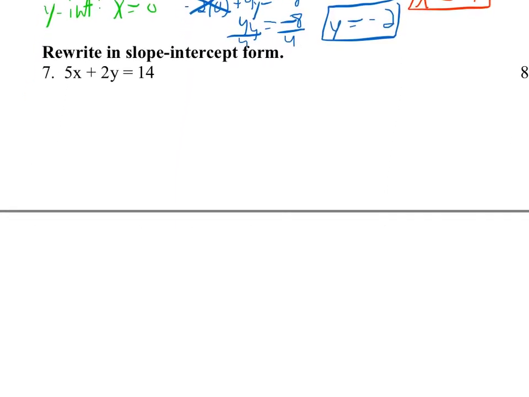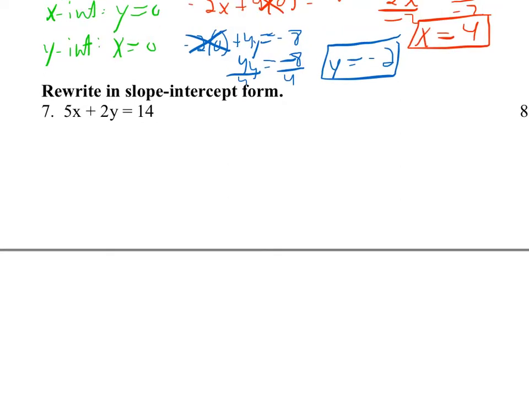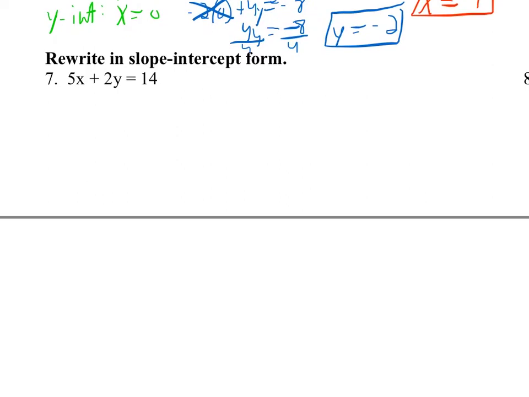Rewrite in slope-intercept form. Slope-intercept form is of the form y equals mx plus b. In other words, it's solved for y. So I'm going to subtract 5x, and we get 2y equals, and it's mx plus b form, so I'm going to put my x term first.